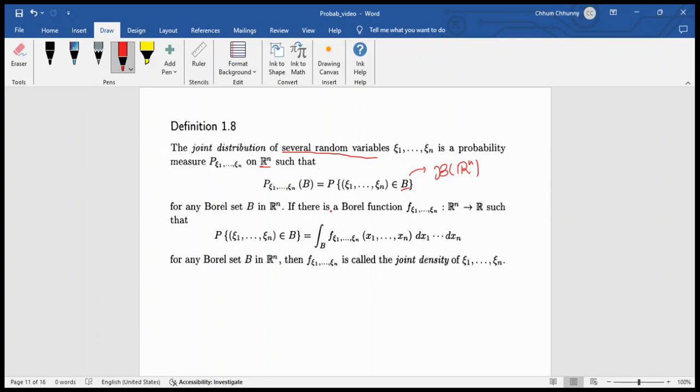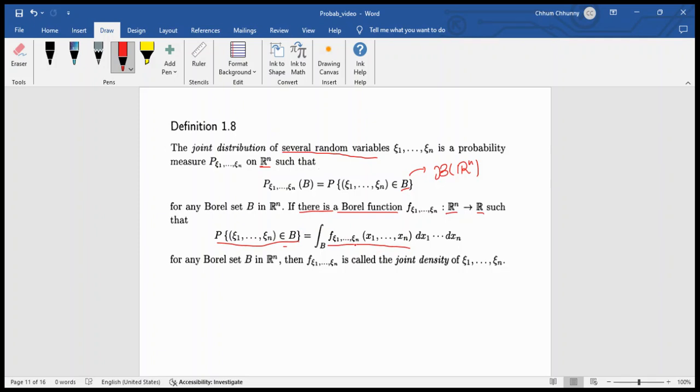So similar to the previous video about the probability density function, if there is a Borel function, denoted by small f of ξ1 until ξn, from Rn to R, whereas in the previous video it was from R to R, such that the probability function can be represented as the multiple integration of the Borel function f.